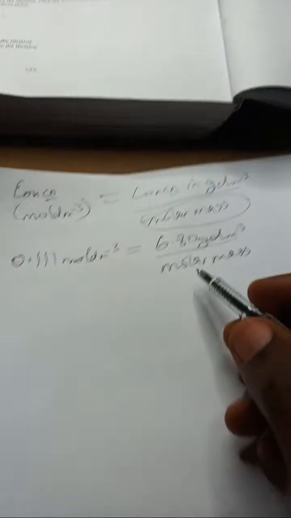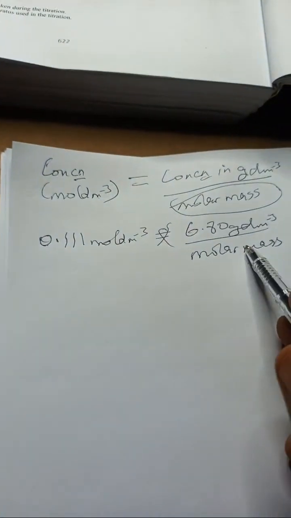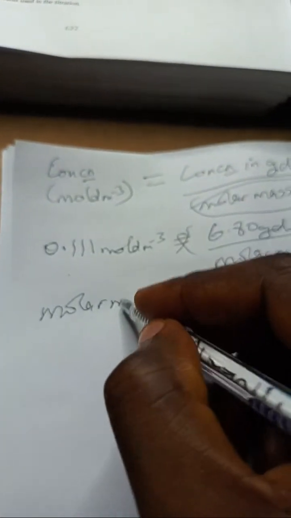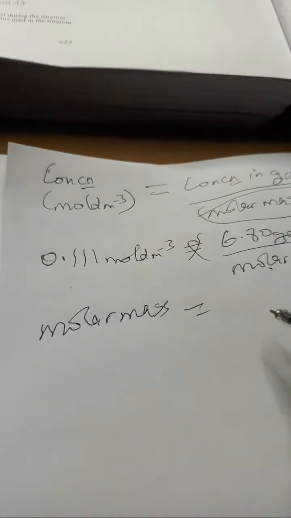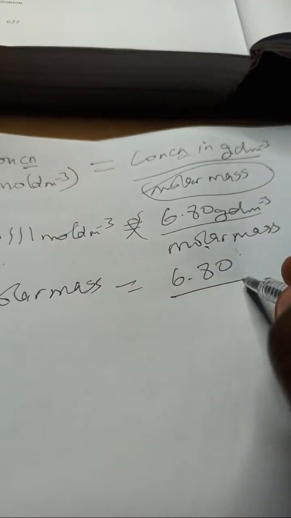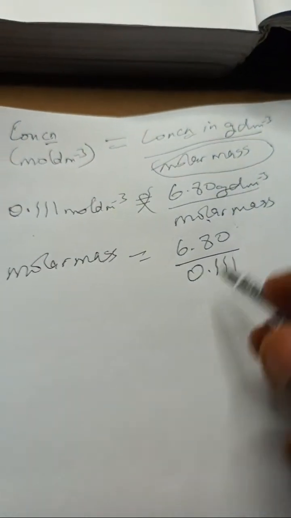So we have to make molar mass the subject of the formula. We cross multiply. This goes up and this comes down. So molar mass is equal to 6.80 divided by 0.111.